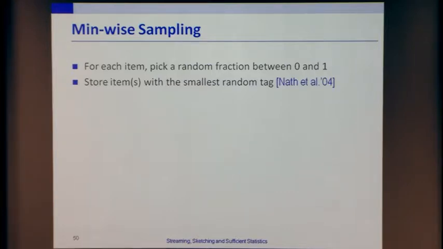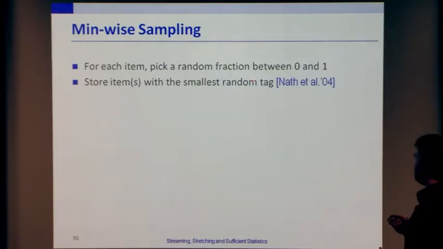So I'm going to do the following. I'm going to come up with a random sampling process based on a random tagging idea. For every element that I want to have a chance of including in my sample, I'm going to associate it with some randomly chosen value. Think of it as just some fraction between 0 and 1. And my sample is going to consist of the items with the smallest values of this random tag.